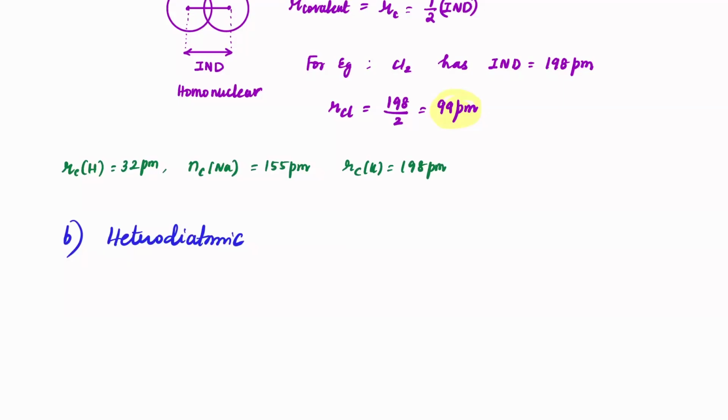Correct. But when it comes to covalent radius, you'll see hydrogen is the smallest one. Got it? Because if it comes to fluorine here, sorry, covalent radius of fluorine. So covalent radius of fluorine is 64, right? 64 picometers.